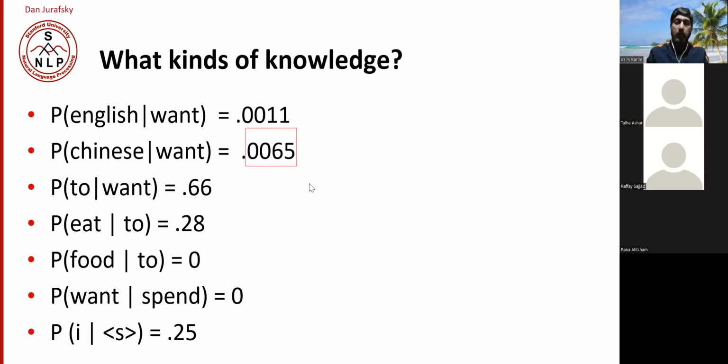So which one is higher? Want English, want Chinese? Want Chinese is higher. So you can right away say that people tend to like Chinese food more than English food. So this is, you can say, some information or knowledge that you have extracted or gleaned from this bigram language model.